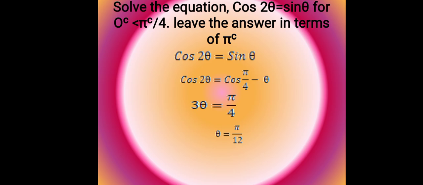Leave the answer in terms of pi. Now that's self-explanatory. We have done that in the previous sum. I think you should be able to get it now. But solve, you should get it as pi over 12. We have tried to leave it in radians. So that is the answer.